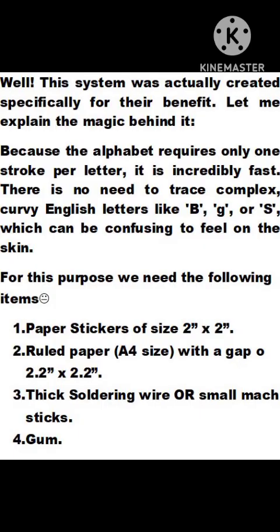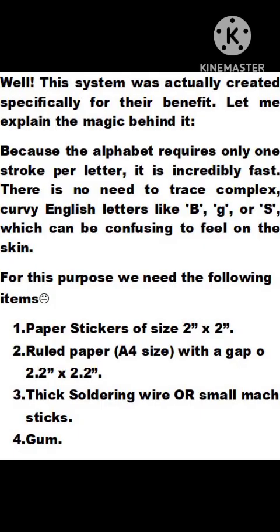Because the alphabet requires only 1 stroke per letter, it is incredibly fast. There is no need to trace complex, curvy English letters like B, G, or S, which can be confusing to feel on the skin. For this purpose, we need the following items. 1. Paper stickers of size 2 inches by 2 inches. 2.